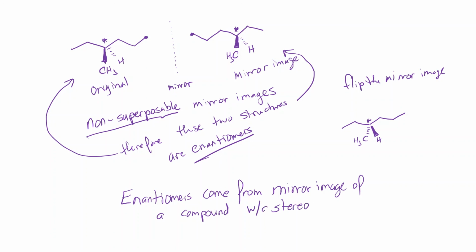Well, we'll say a stereocenter. We'll deal with multiple stereocenters in a future video. So enantiomers come from the mirror image of a compound with a stereocenter.